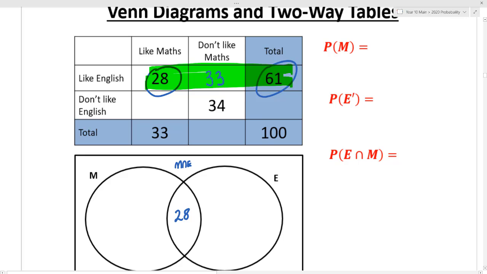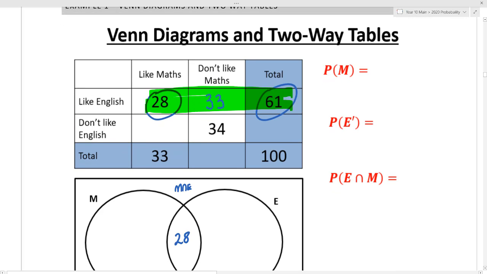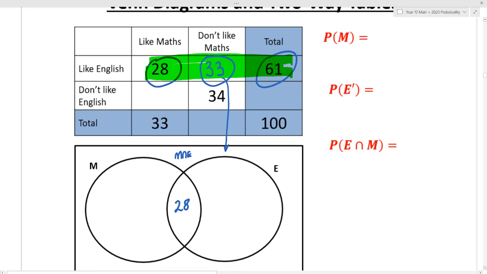maths and like English. By the way, let's give this a bit of a name in terms of maths. They like English and, let's think about the words here, they like English and they don't like maths. Let's look over here. Where do you think that 33 would go? Inside the E?